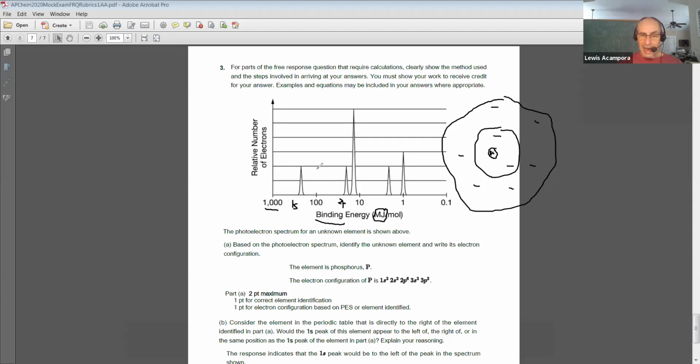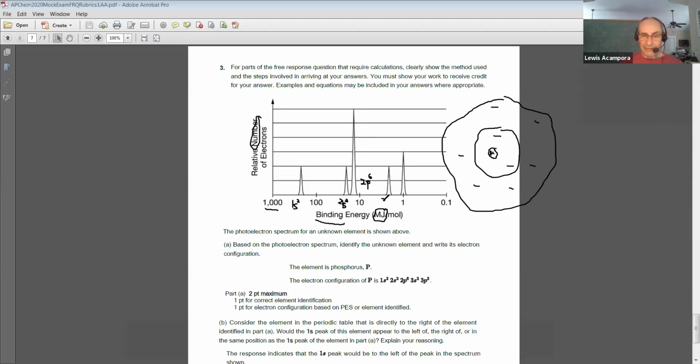And the other thing is the height, how high these peaks are, and that corresponds to the relative number of electrons. So since this goes up 2 units here, we call that 1s2, and the College Board is really pretty nice about that. Then a 2s2, and over here we've got a 2p subshell, and since this peak goes up 1, 2, 3, 4, 5, 6, we have 6 electrons in there.